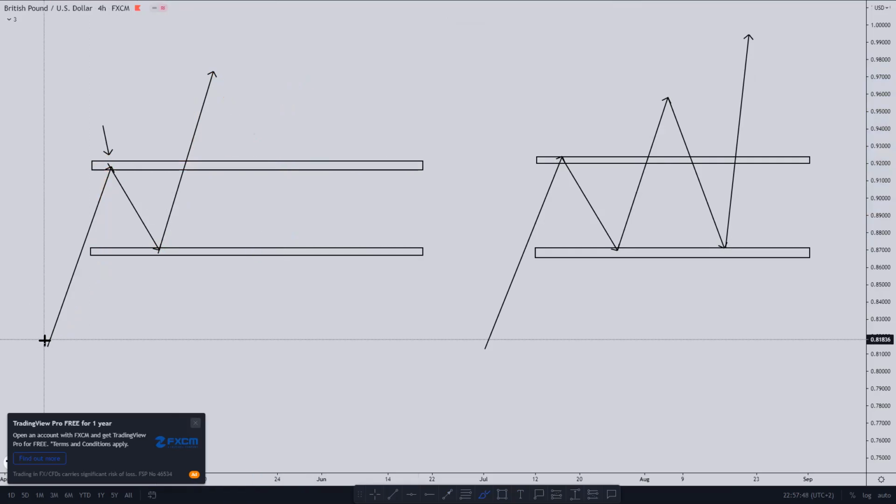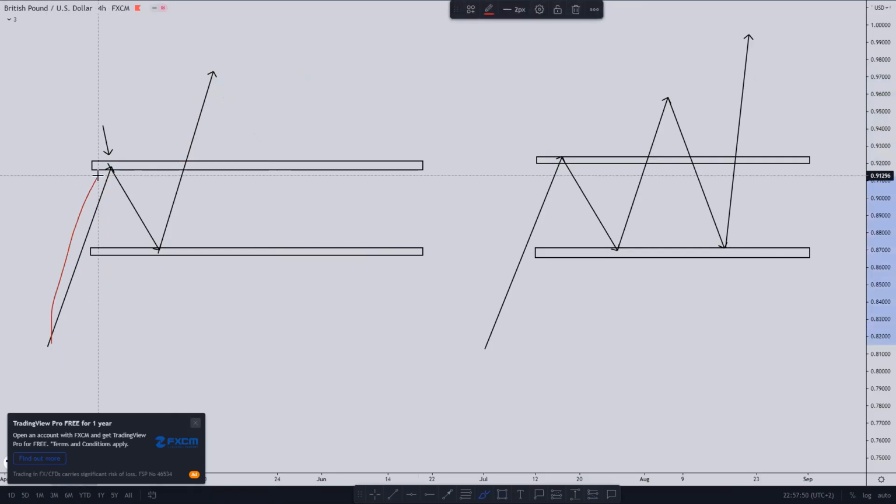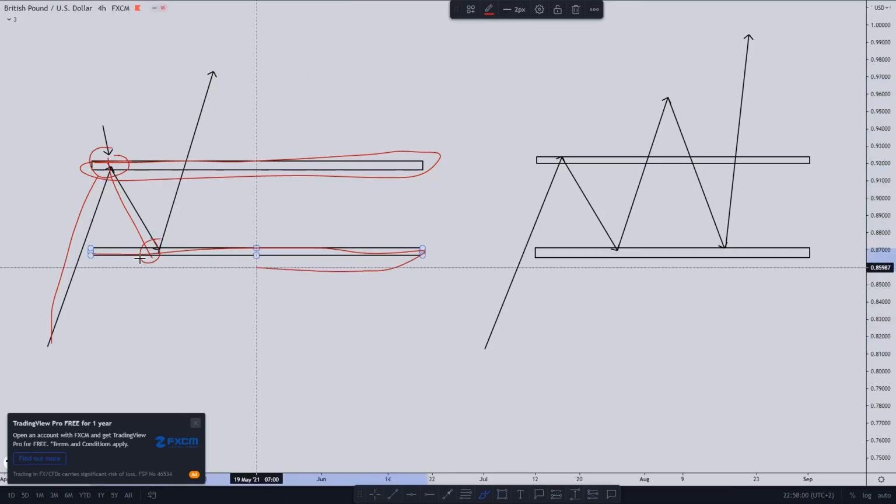So when price pushes up, it's giving us a higher high, which becomes a level. And then when price pushes down, it gives us a higher low, which becomes a major level, right? So this area is still valid until we create a new lower high.